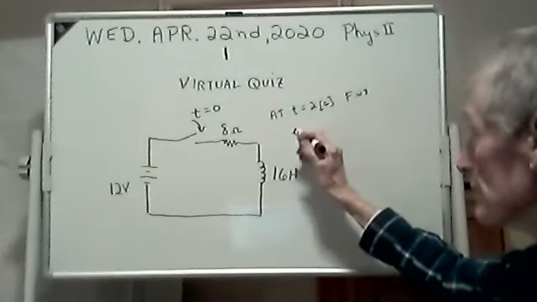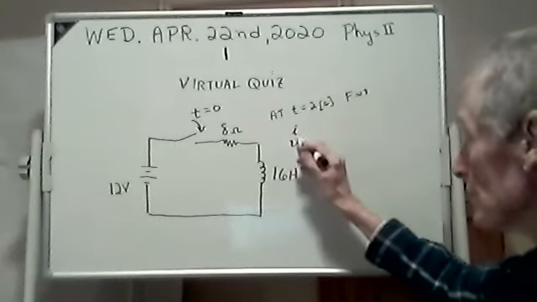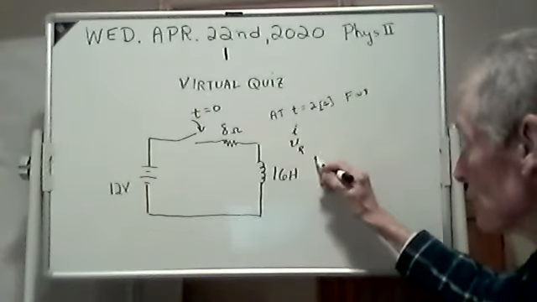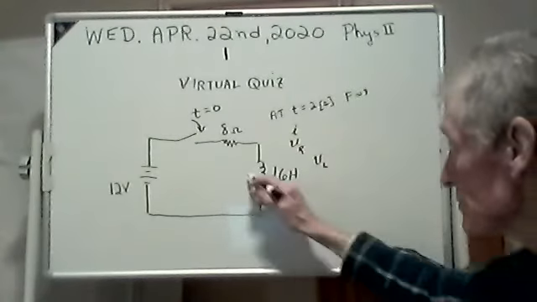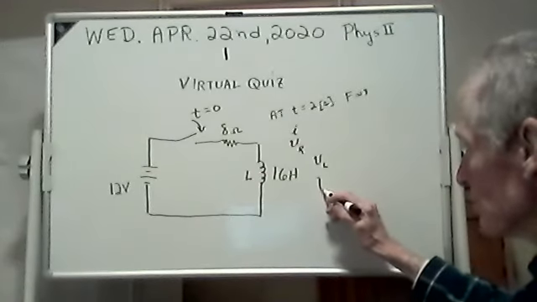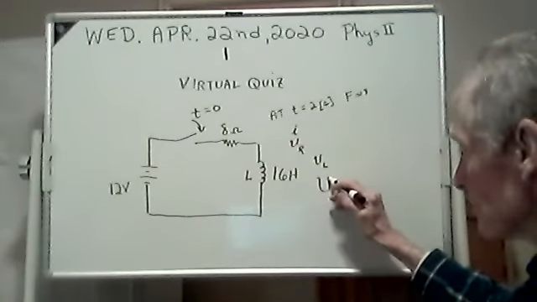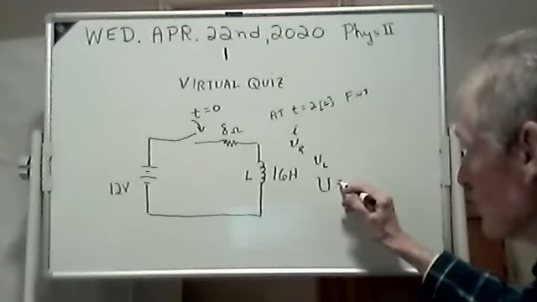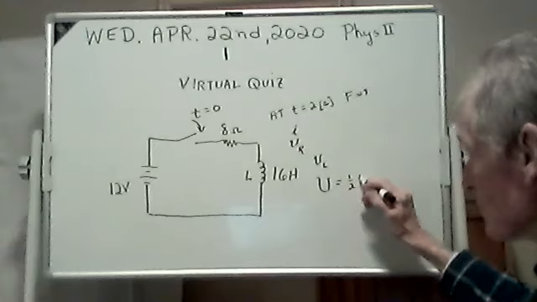That'd be good. The voltage on the resistor would be good. Find the voltage on the inductor. There's your inductor. And the book uses U for energy. Find the energy stored in the inductor. And remember, the equation goes like this.